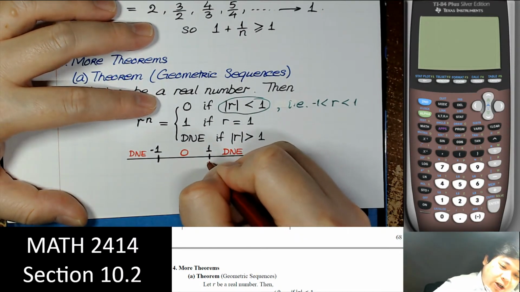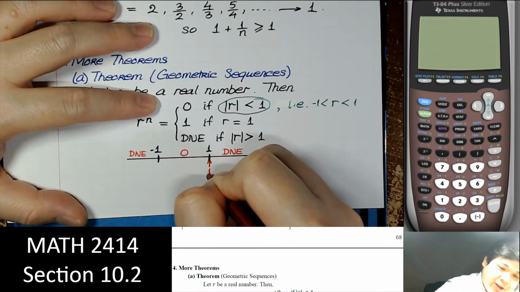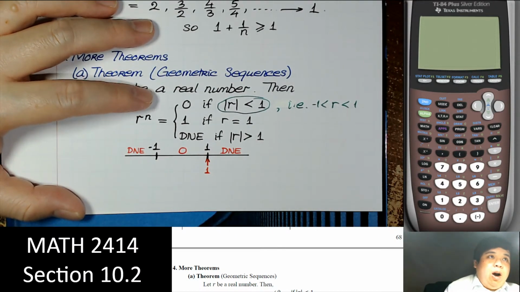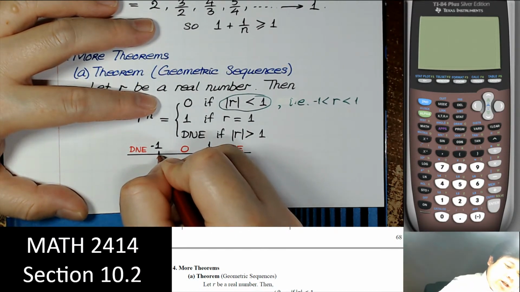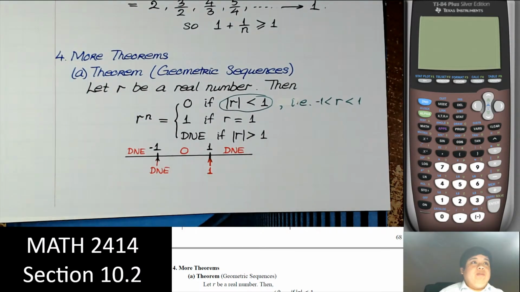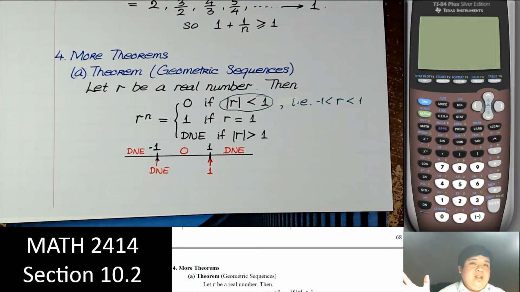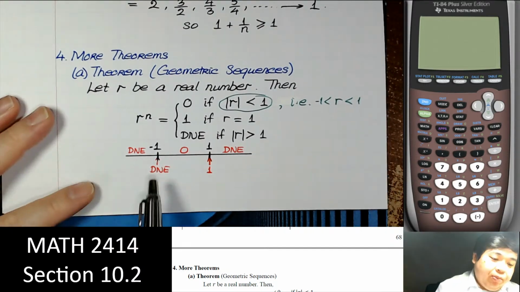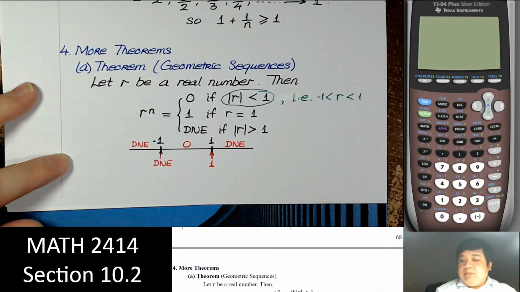And equal to 1 when r equals 1, and does not exist if r equals negative 1. So anything in between negative 1 and 1 goes to 0. Anything on the outside does not exist. At 1 it is 1 and at negative 1 it does not exist. So that is r to the n power.